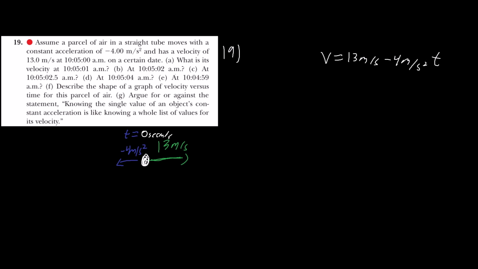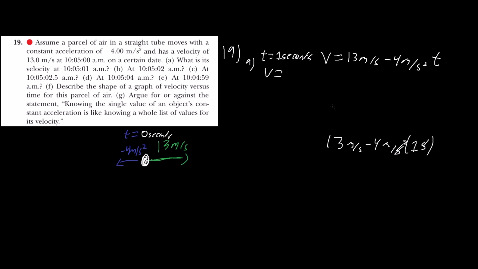When t is, let's say, 1 second, so that's part A, the velocity is 13 meters per second minus 4 meters per second squared, put 1 second in there, the seconds cancel off, and you're left with another second.